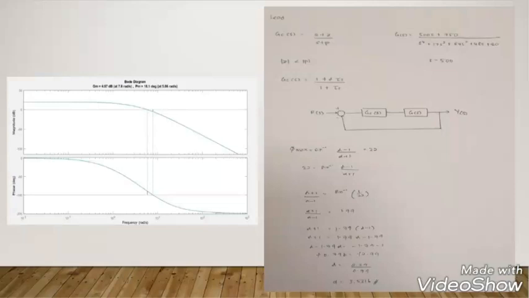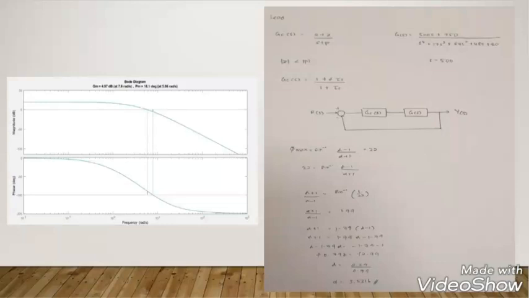So this is the system, a closed loop from Gc(s) and G(s) until the output, and then we solve for the phase margin. The formula is phase maximum equal to sine inverse of (alpha minus 1) over (alpha plus 1).